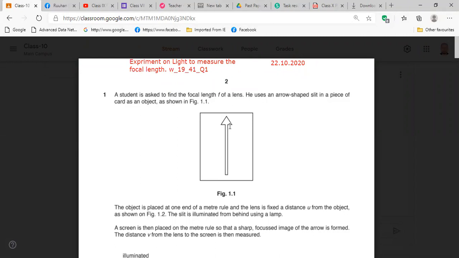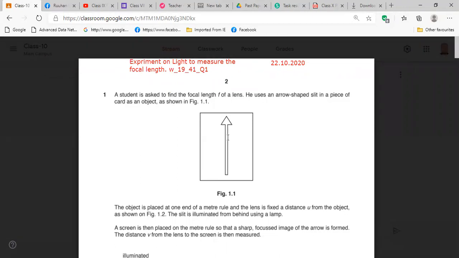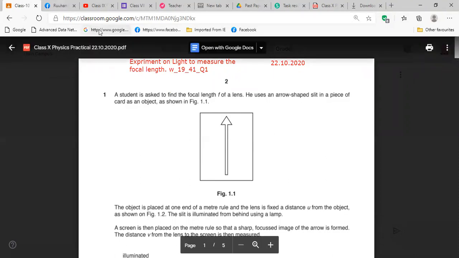In our lab we have some knives to cut. We are using that knife to cut the card here, arrow-shaped, so that light can pass through it. So the thin space through which light can pass through, that is called slit. Here one term is used, slit.